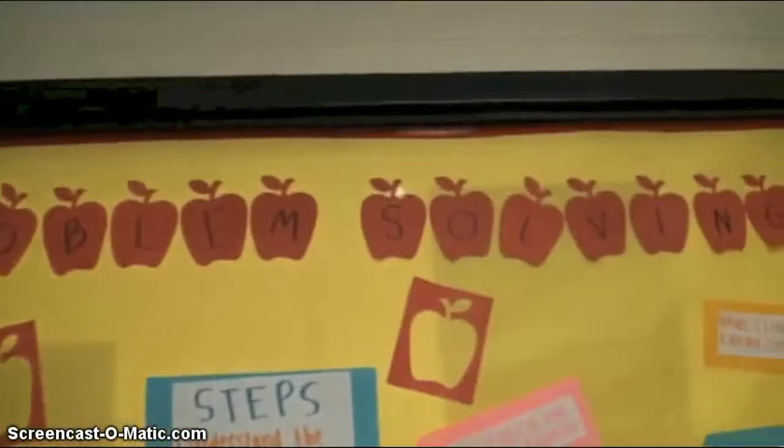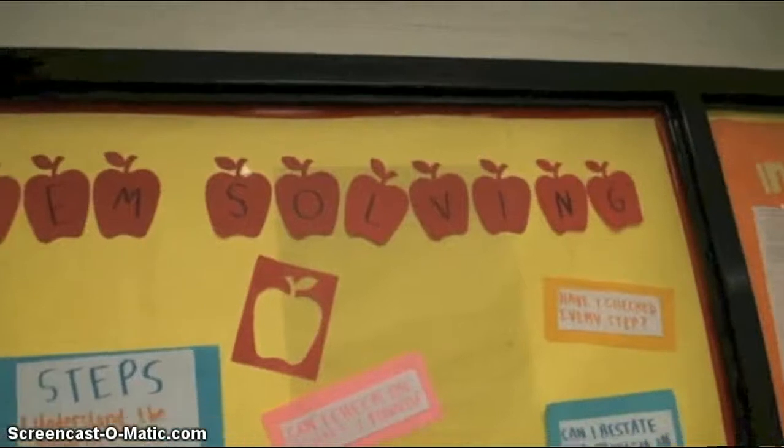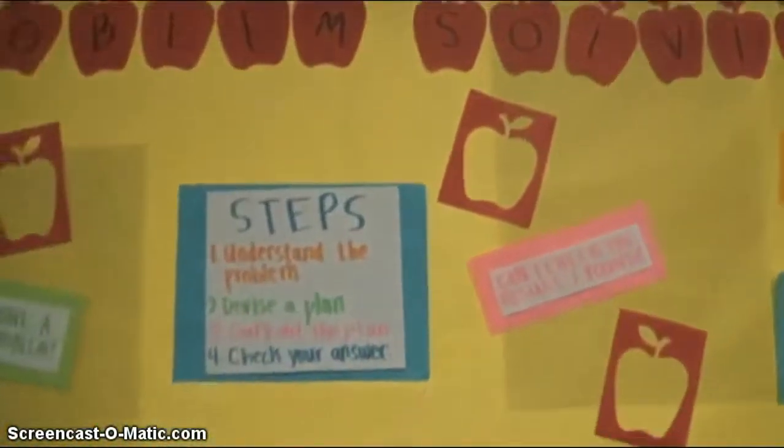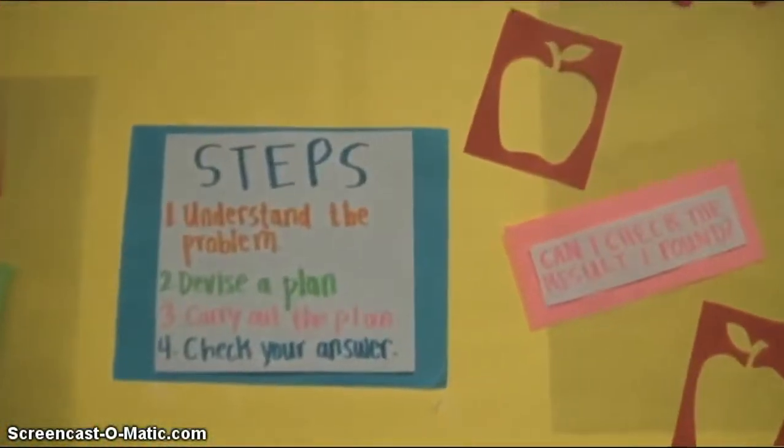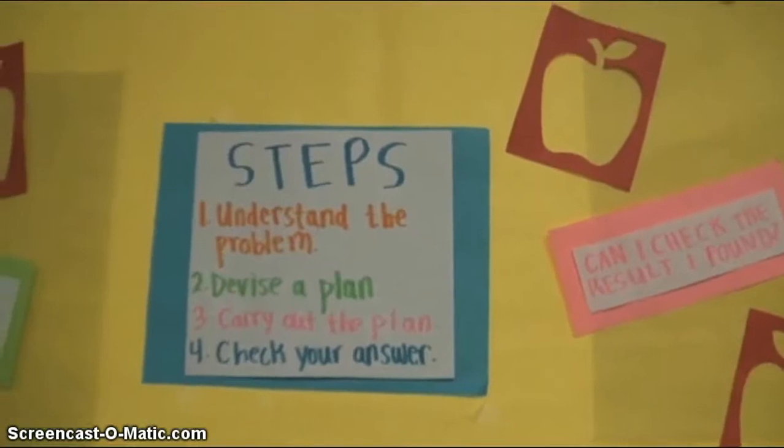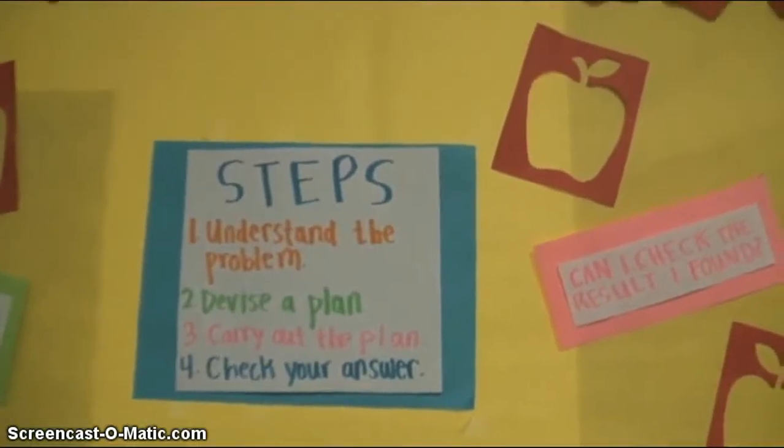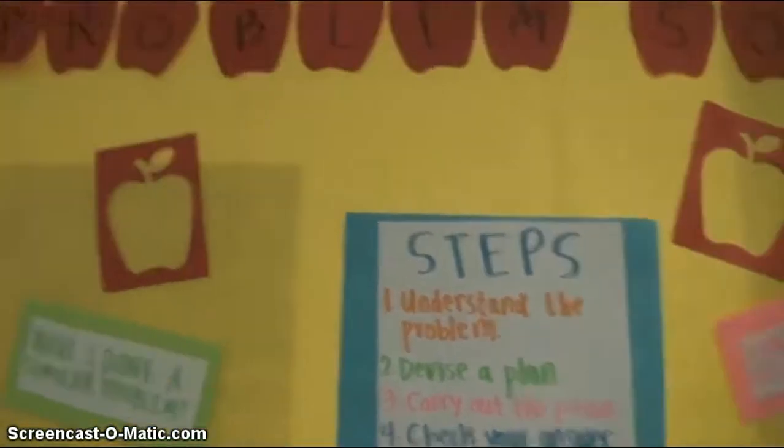Polya is considered the father of problem solving, and he has that 4-step problem solving process: understand the problem, devise a plan, carry out the plan, and look back. How do you use this problem solving process or something similar to help your kids in your class do problem solving?